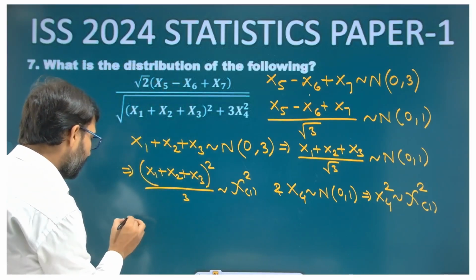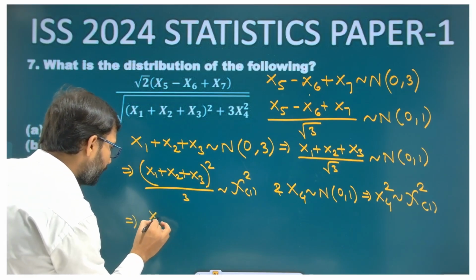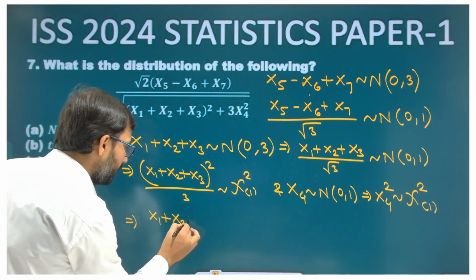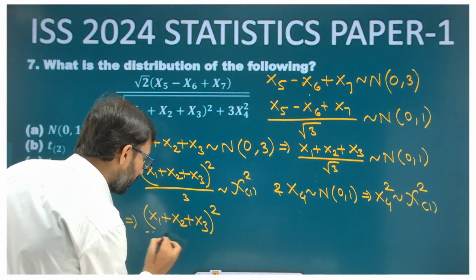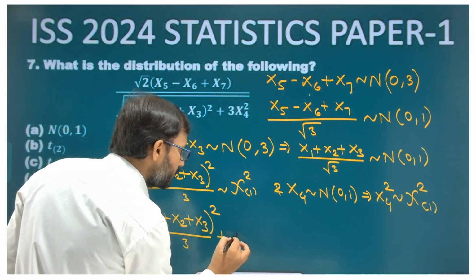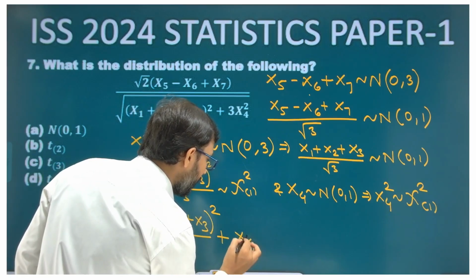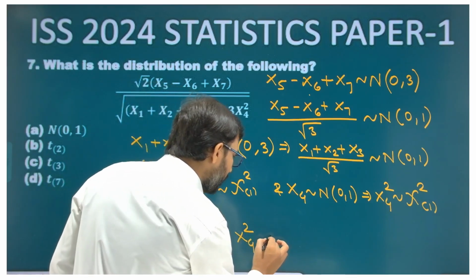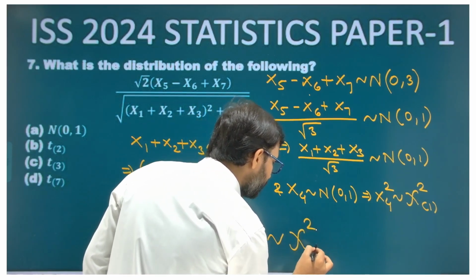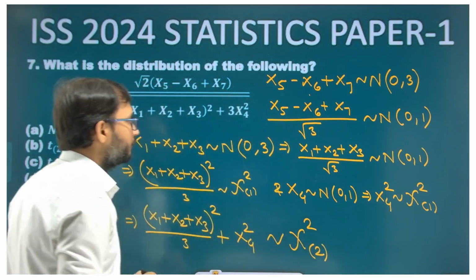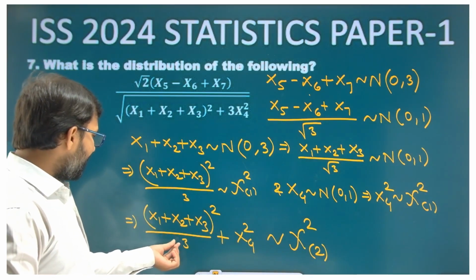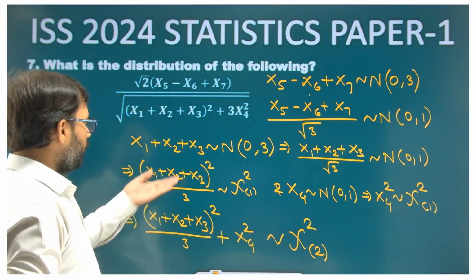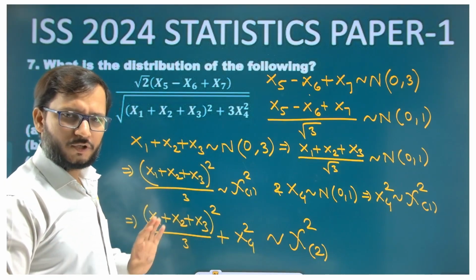So if I write here (x1 plus x2 plus x3) whole square upon 3 plus x4 square, then this will follow chi-square with 1 plus 1, that is 2 degrees of freedom. Got the point? So this is 2 degrees of freedom.